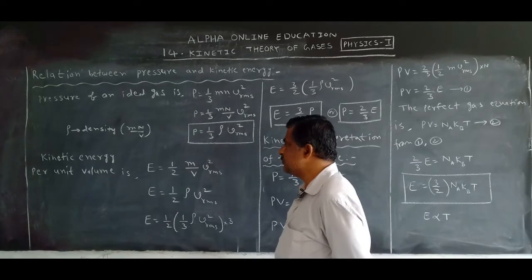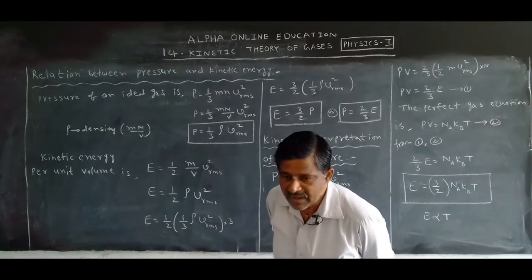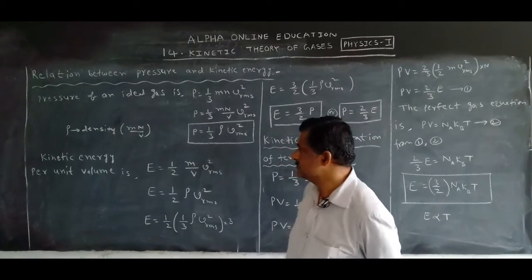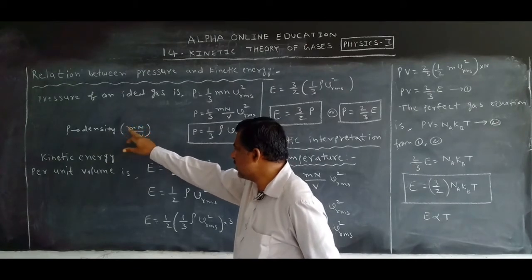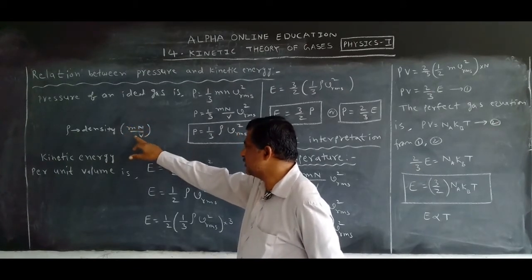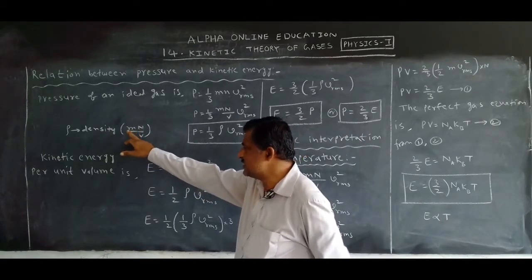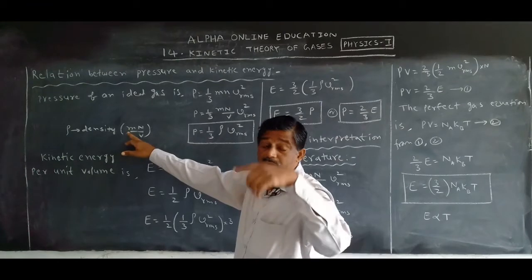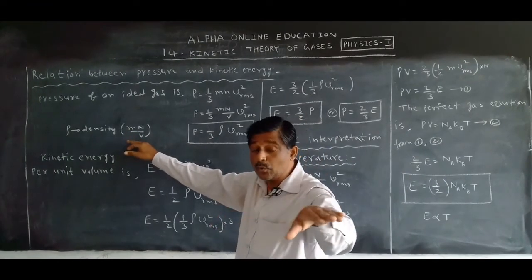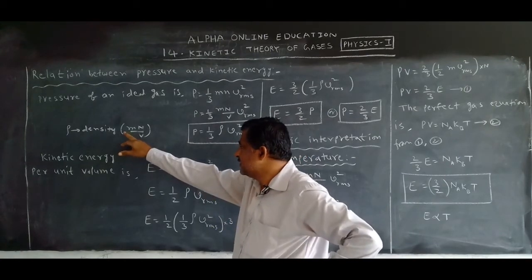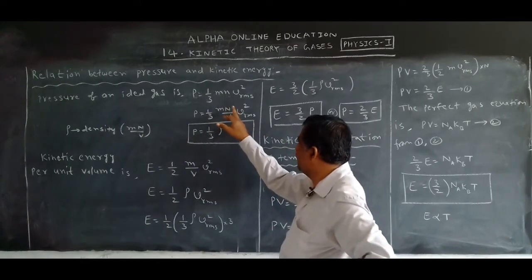We know the principle for the density. What is the principle for the density? Mass per volume. Density is mass per volume, meaning mass of all particles in the enclosure by volume of the enclosure. Here m is the mass of only one particle, but we consider all particles. Density is mass per total volume. That's why the density we can write as mN by V, which I substitute in this place.